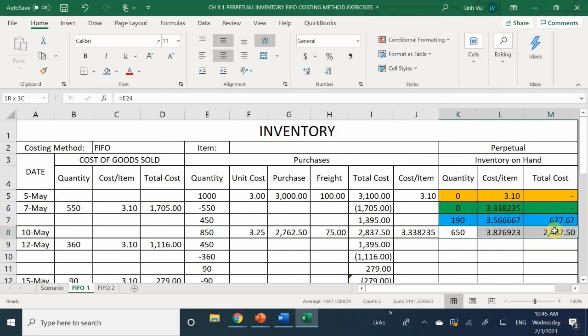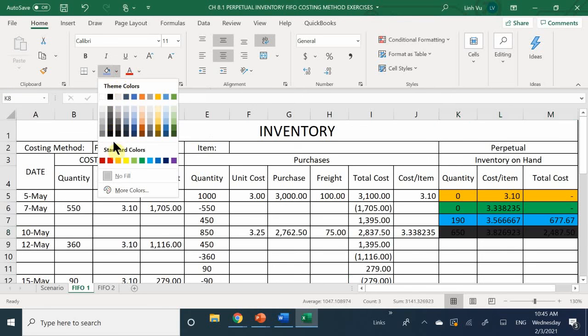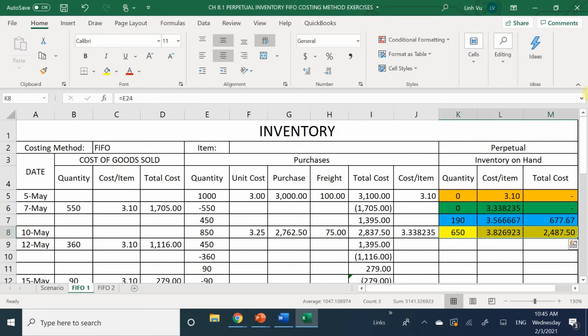And I'm going to highlight it, and let me see, what color have I not used? We could do yellow. Okay, so there you go. Since we don't have orange anymore, we can use yellow.